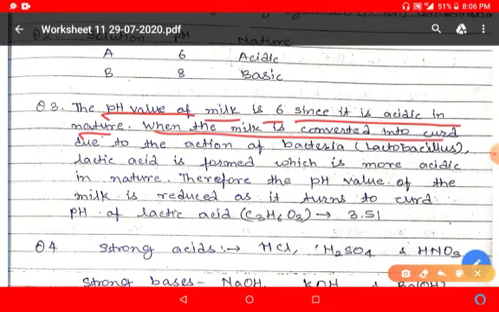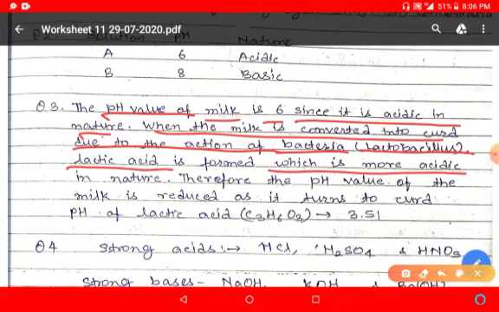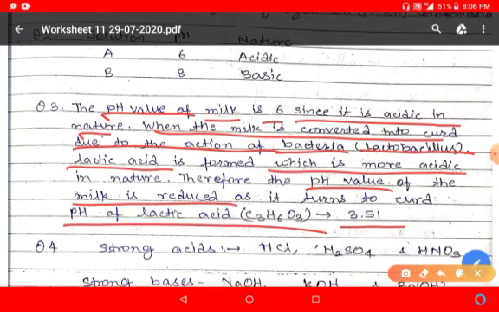And when the milk is converted into curd due to the action of bacteria, lactobacillus, it forms lactic acid, which is more acidic in nature. The pH of lactic acid is 3.5. Therefore, the pH value of the milk is reduced as it turns into curd. That means the pH value is lower when it is converted into curd.